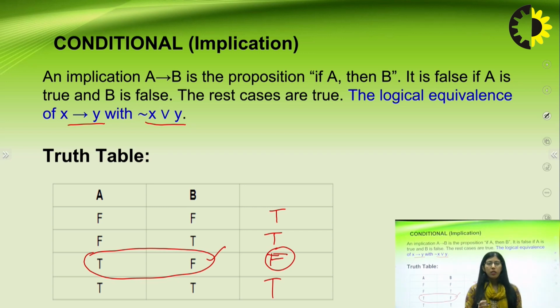The first way of solving it is using the truth table. If the truth table cannot be used, then you can use the laws of algebra, and for that we replace this implication with not X or Y.